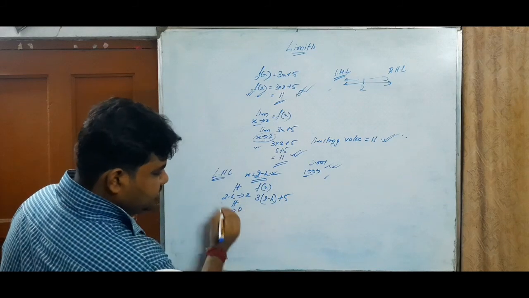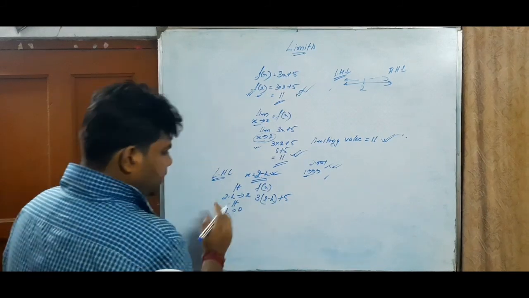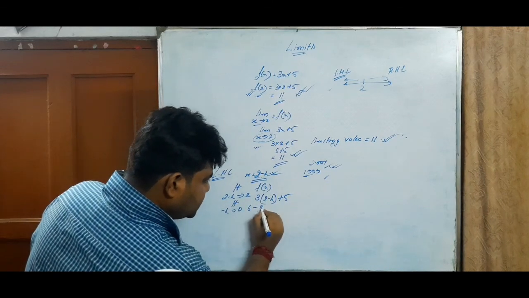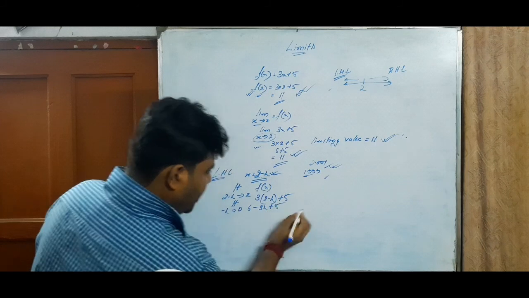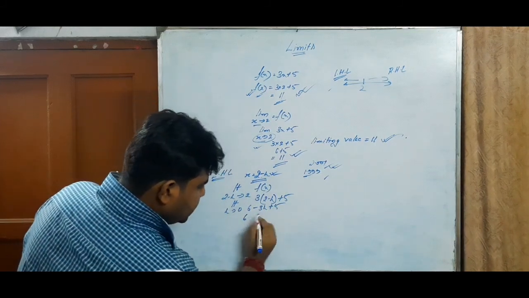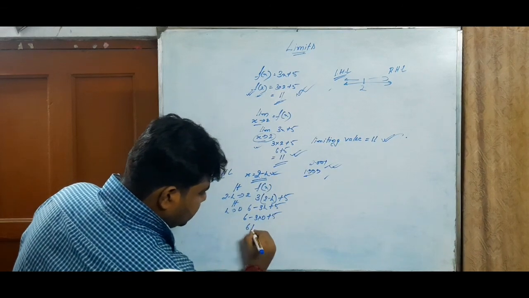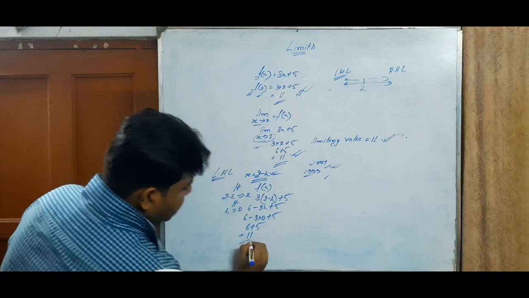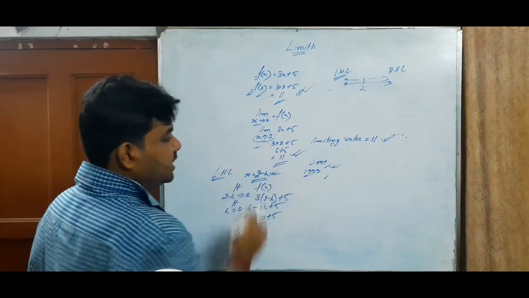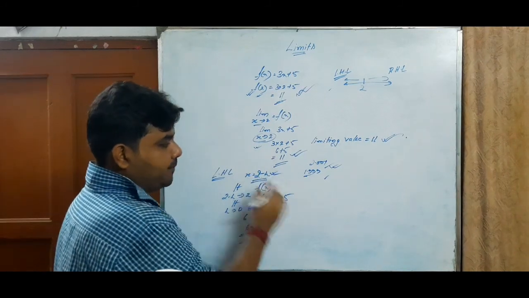Minus h tends to 0 means h also tends to 0, neglecting the sign. That is 6 minus 3h plus 5. Now put the value of h: 6 minus 3 into 0 plus 5, that is 6 plus 5, which is 11. So this is the left-handed limit. We are taking a value just less than 2, so it is the approximate value.